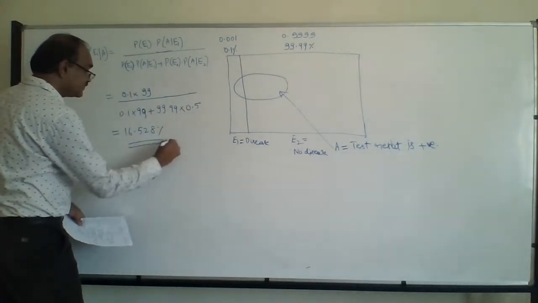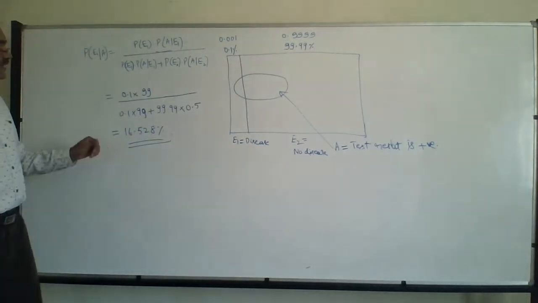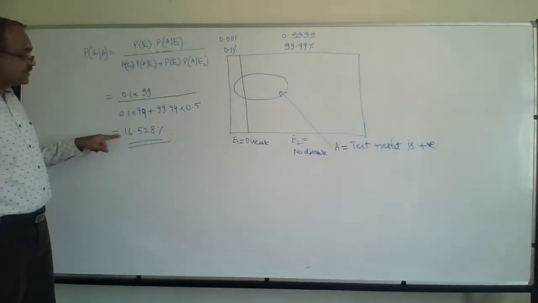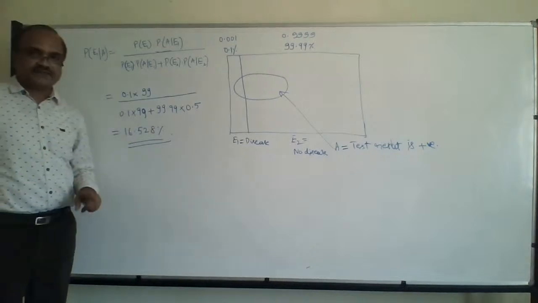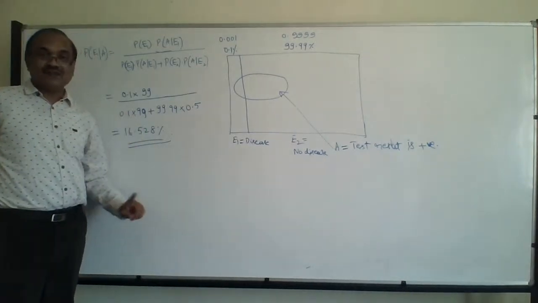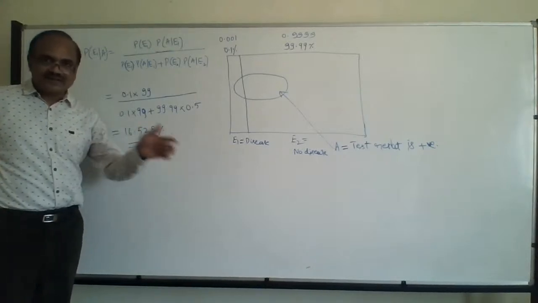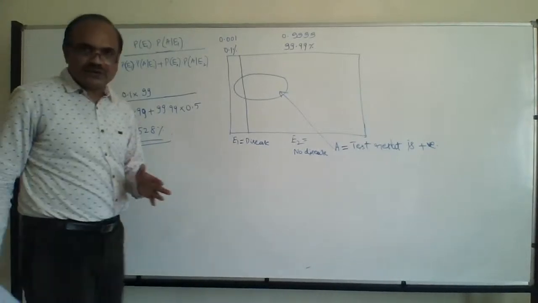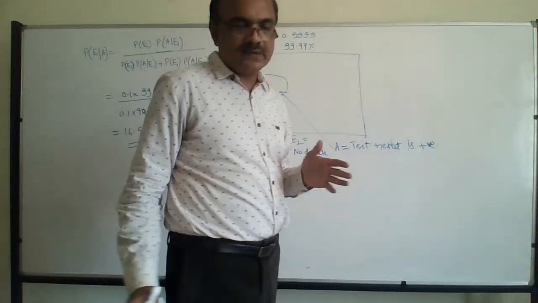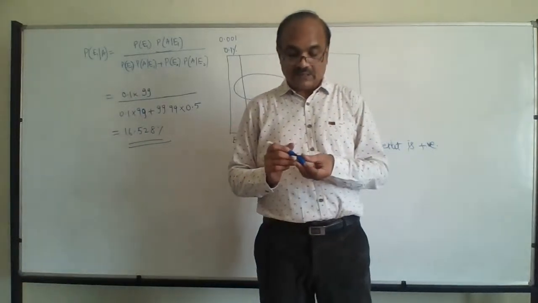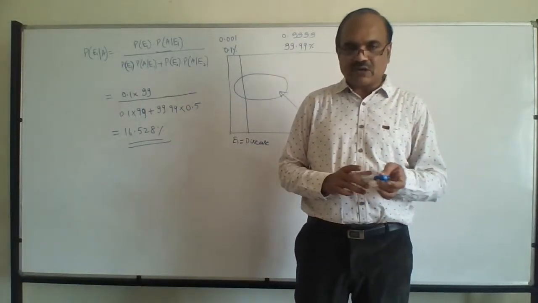16.528%. So what does it mean? Even if the person is tested positive, the probability that he actually has got the disease is 16.5%. It is very, very low. That's why doctors always suggest patients go for a second test. I read one story in London about a famous cine actress who went for the coronavirus test.